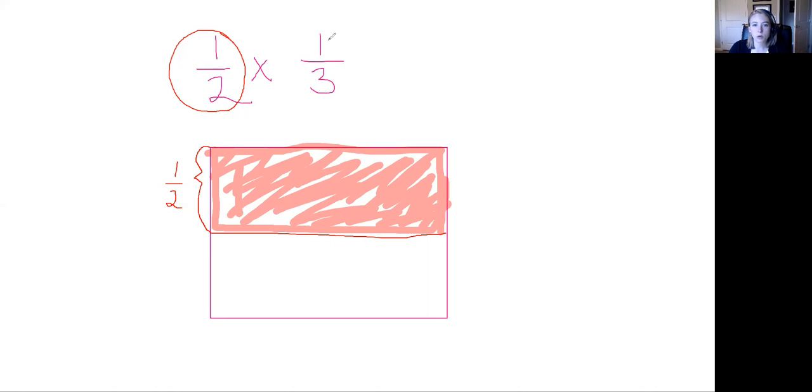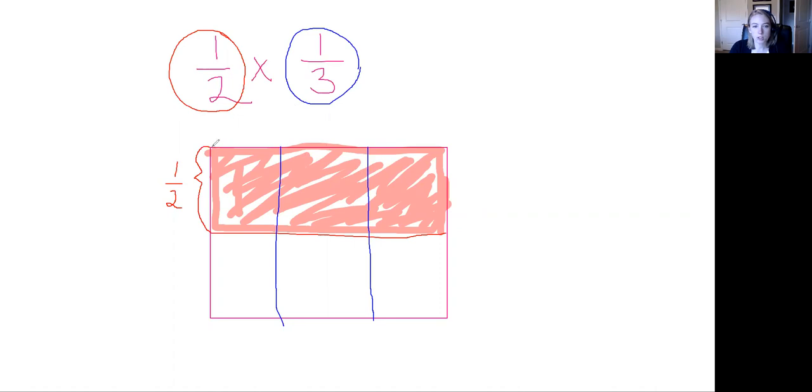So then next, we're going to deal with this 1/3. So this 1/3, I'm going to make my thirds going the opposite direction. Since I started out horizontal with my 1/2, I'm going to make my thirds up and down. So I'm going to make my thirds, and can you see where the thirds are? So I have 1, 2, 3 thirds.